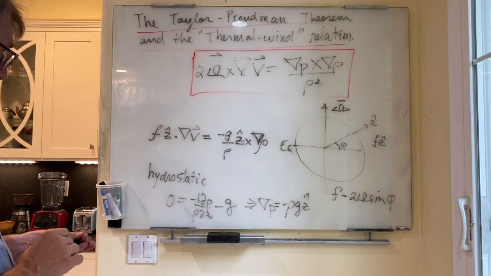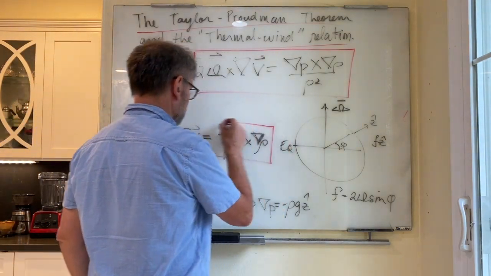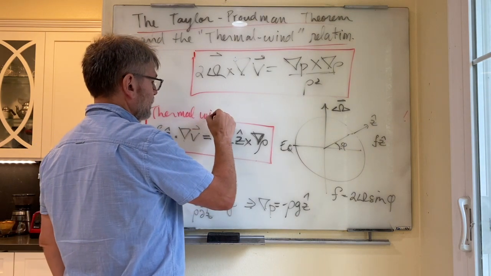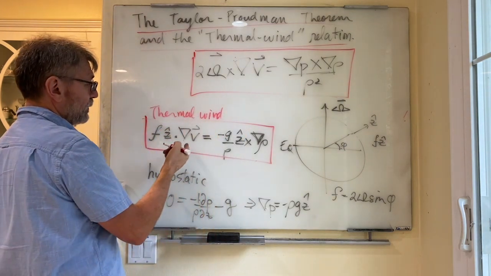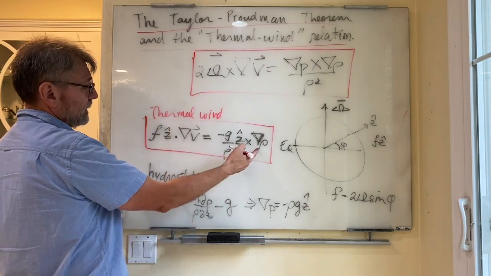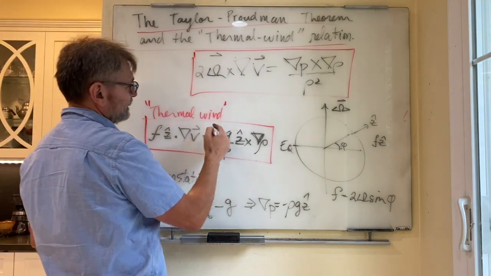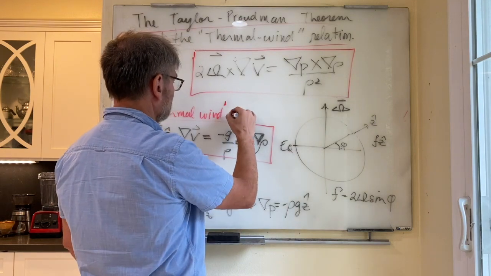And this expression is the thermal wind relationship. Thermal wind. It was developed in meteorology, so it's the wind, but it could be the thermal current. And in fact, in the ocean, density variations don't have to be just due to temperature, they can also be due to salinity. So the name is more intuitive in the atmosphere, but it's the same physical principle.